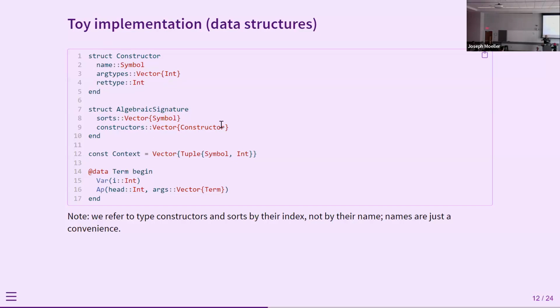A vector is a list in this context. And then a context is just a list of tuples of symbols and int, where int is a sort. This should refer to a sort, just as before. And then a term is either a variable or an application of a head. This int refers to an index in this constructor list.